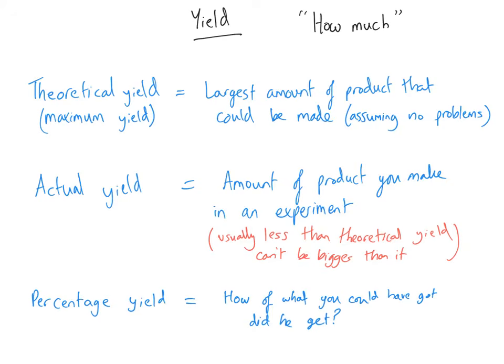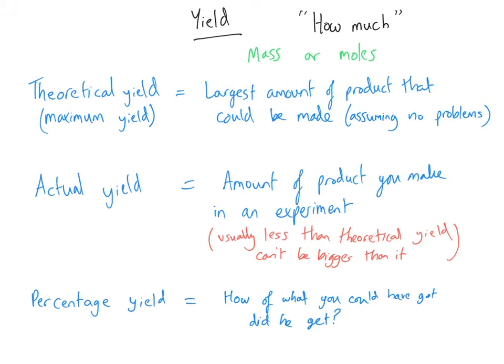Now I keep saying the words how much or amount, and this can either be in mass, in grams, or it can be in moles. So a theoretical yield could be 20 moles, or it could be 600 grams. You need to be prepared to use either of those quantities in an exam situation. And in fact, you also need to be aware of reasons why the actual yield is almost always significantly less than the theoretical yield.